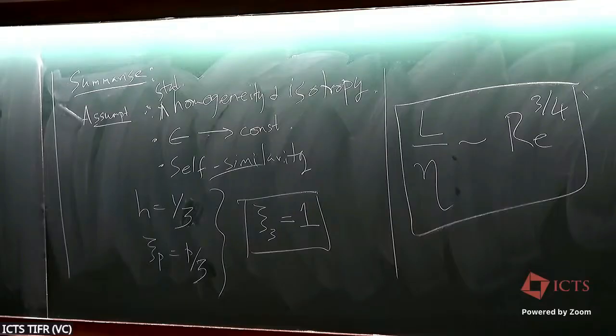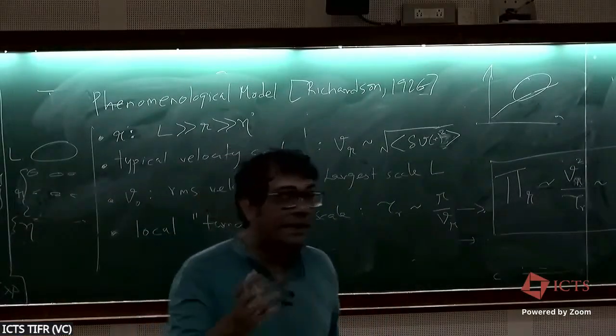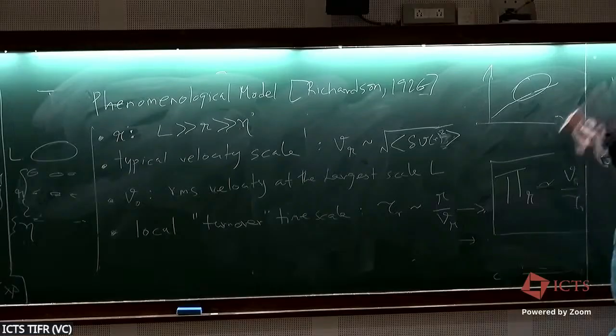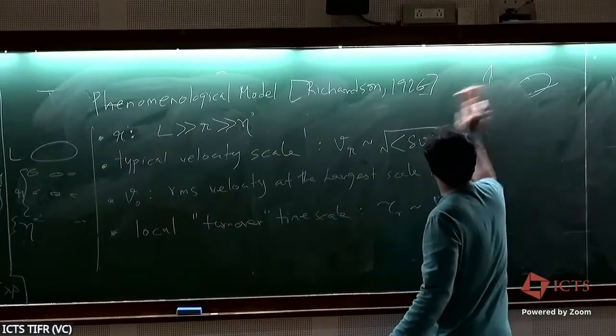Then we used this cascade picture, which was appealing from the way we set up global conservation laws from the Navier-Stokes equation, and we took a different approach and found the same h equal to 1/3 exponent. Furthermore, it gave us a nice way in which we could fix the different length scales and the velocity scales and the Reynolds number, which enter our game. So now let's look at what is really happening in experiments.